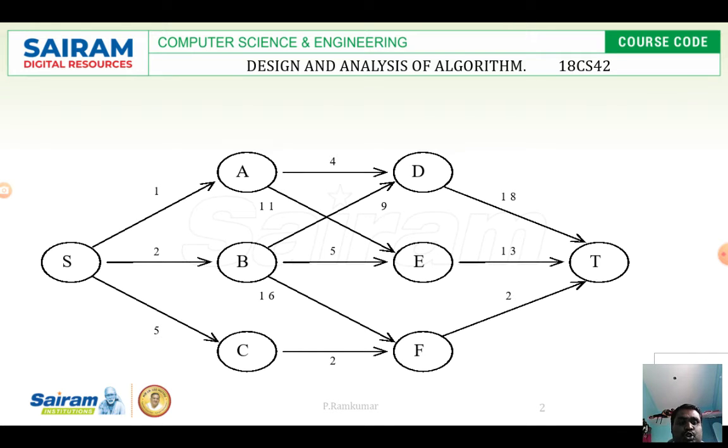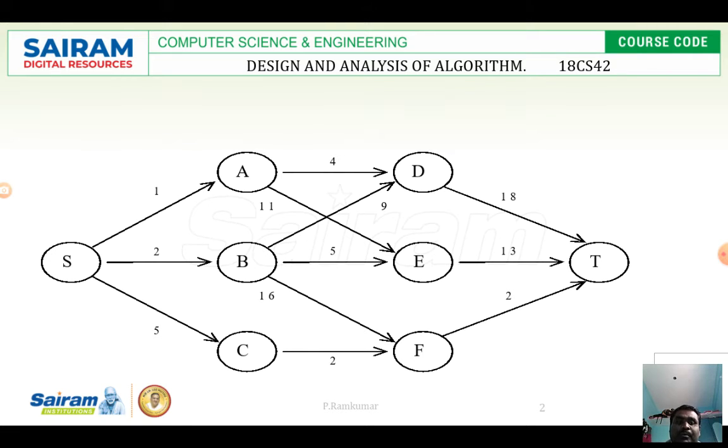Under stage 2, vertices A, B, C will be available. Under stage 3, vertices D, E, F will be available. Under stage 4, vertex T will be available. Now, I have to identify the shortest route to travel from S to T. In those cases, I am going to apply the dynamic programming methodology to find the shortest route.